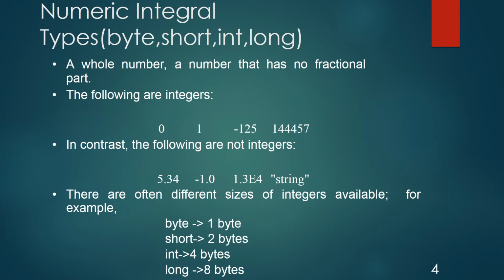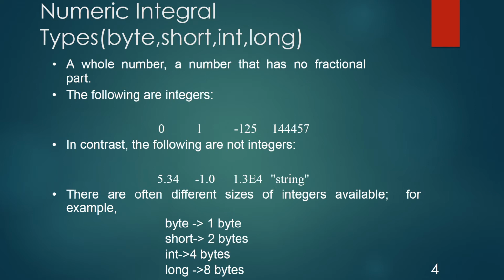The following are integers. 0 is an integer, 1 is an integer. See, integer type data can hold negative as well as positive numbers, so minus 125 is also a valid integer. 1,445,7 is again a valid integer as it does not contain a decimal point.